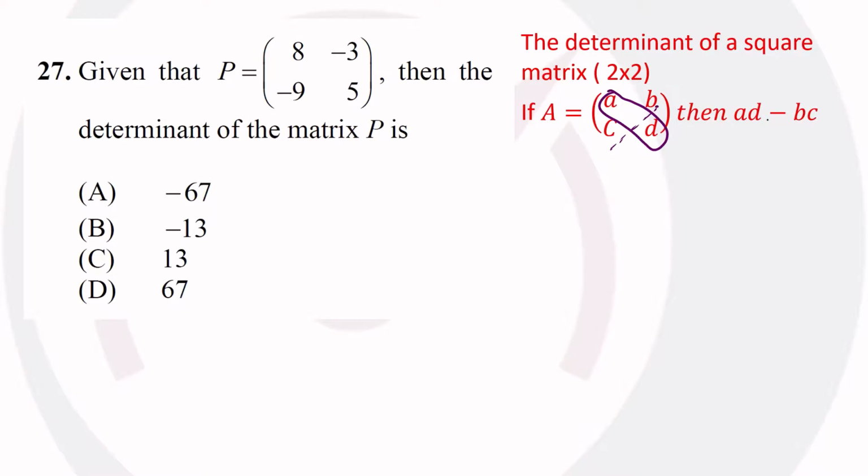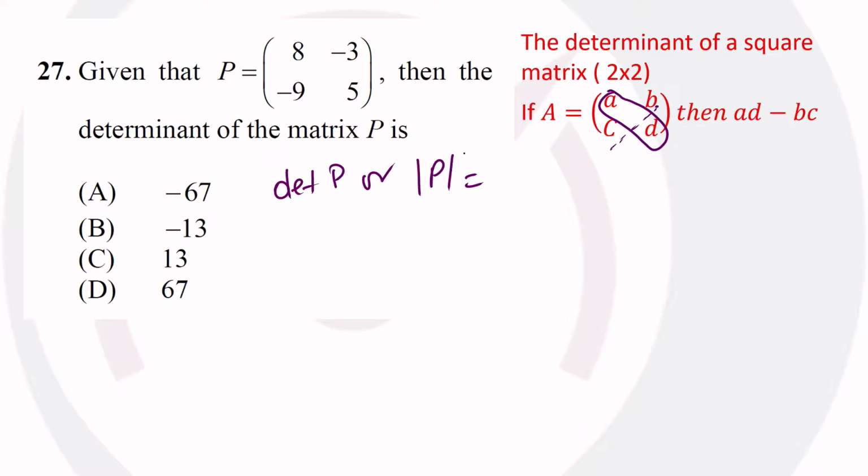So let's follow the same pattern and find the determinant of P. Now we can write it as det P, or we can write it as the modulus of P, the same way. So in vectors we use this to mean the magnitude, and in matrices we use it for the determinant of the matrix.